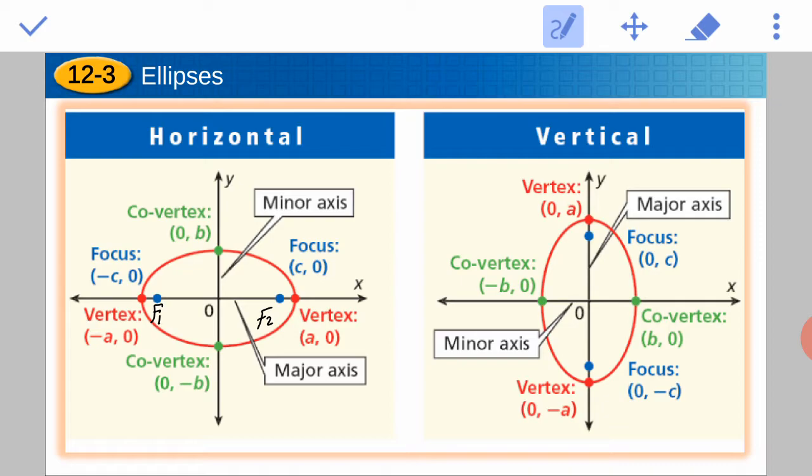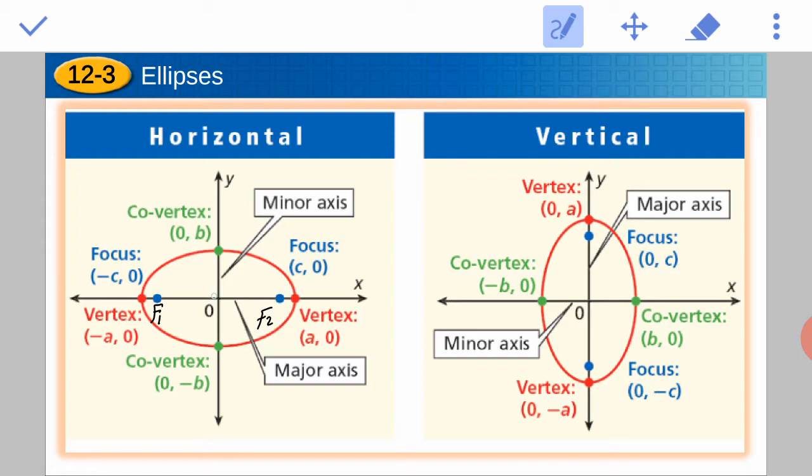Also, you learned that these two endpoints of the major axis, this horizontal line, this longer axis, are called the vertices of the ellipse.